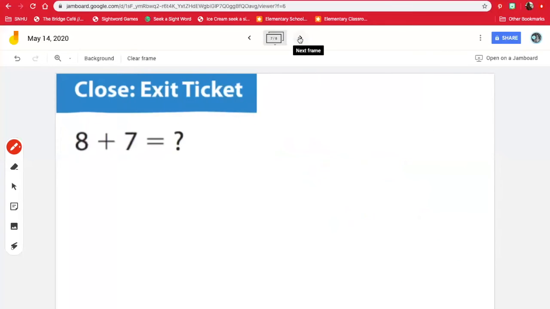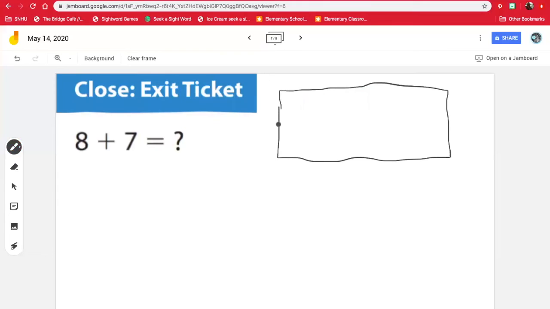And here's our last problem for today. 8 plus 7. I'm going to quickly draw a 10 frame. It might not look the best, but that's okay. So we have 1, 2, 3, 4, 5, 6, 7, 8, and 9, 10.